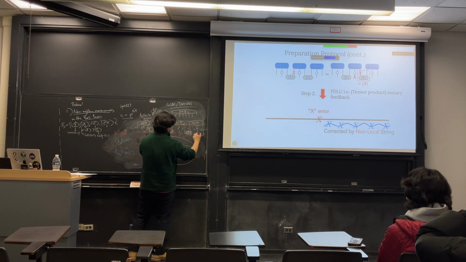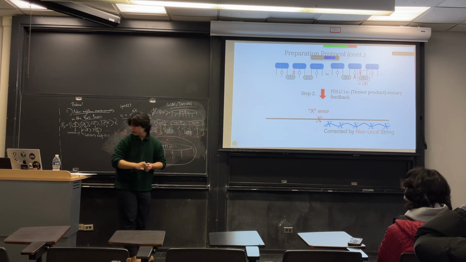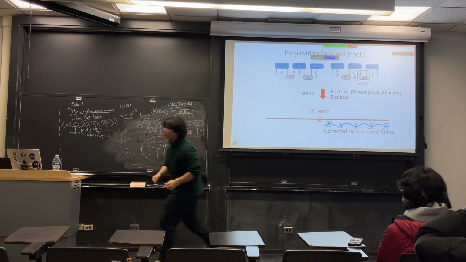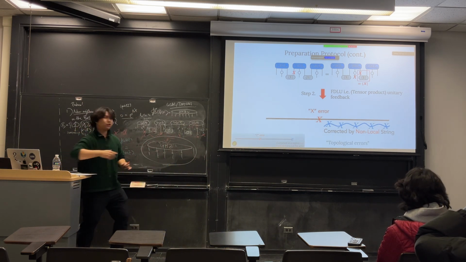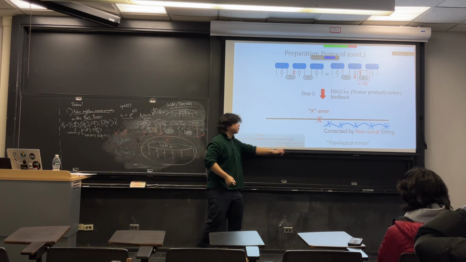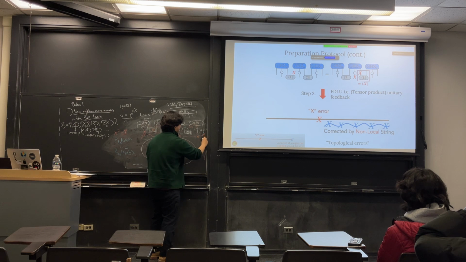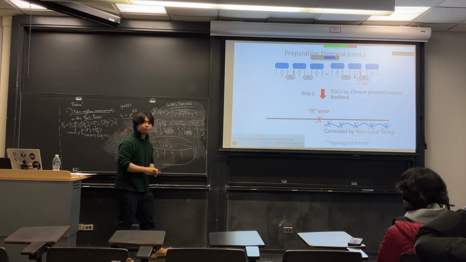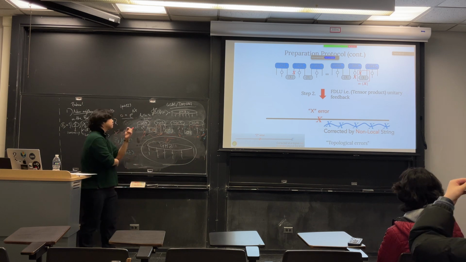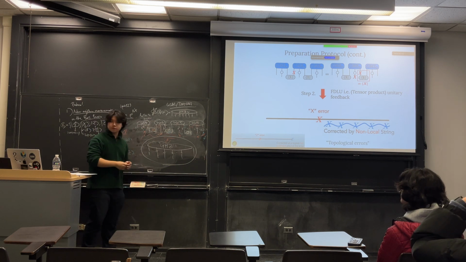So for X's, you have this non-local string, but for Z's, you can push everything to the right, and then you just have one Z at the end, so you apply the Z at the boundary, and these cancel. That's what you do when you get multiple or different errors.